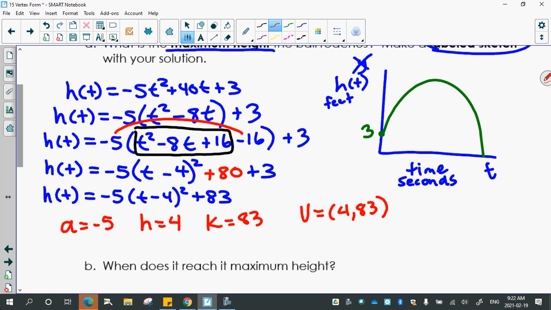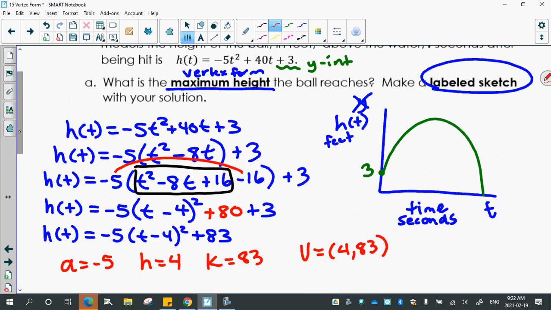So I don't have a grid here. But what I do know is that this represents the horizontal and this represents the vertical. Is everybody good with that? Okay, so this point here would be 4 if I read down from my graph, and 83 if I read across.